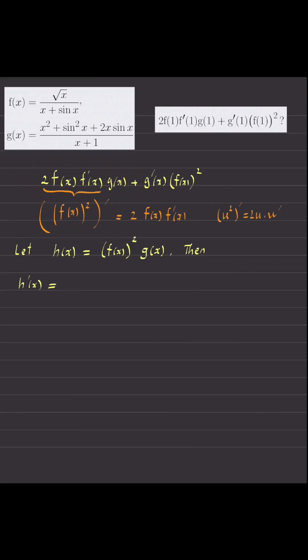The derivative of the first one according to the product rule, which itself is a chain rule, so it becomes 2f of x, the derivative of the base f prime of x, multiplied by the second function itself, plus the first function itself multiplied by the derivative of the second function.